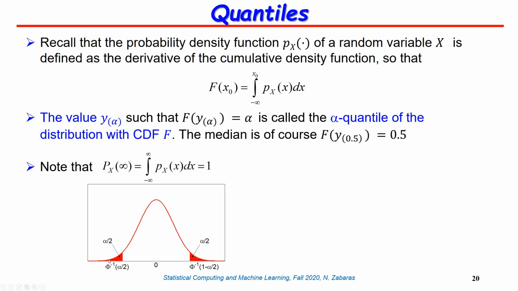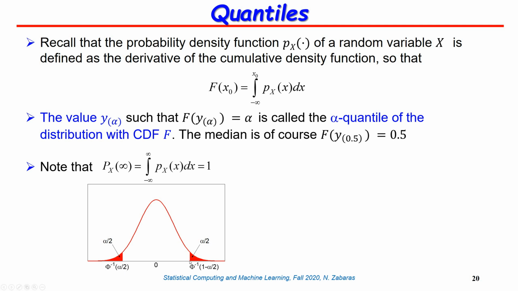One location gives me a CDF of alpha over 2, and another location has to its right a probability mass that is also alpha over 2. Obviously, the fact that this area is alpha over 2 implies that this location is the inverse of the CDF computed at alpha over 2. You remember the CDF at this point is alpha over 2, so this location has to be the inverse of the CDF computed at alpha over 2.